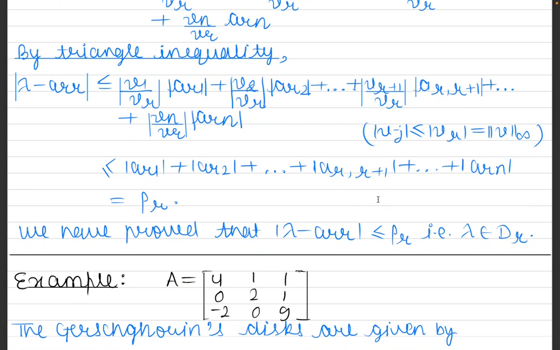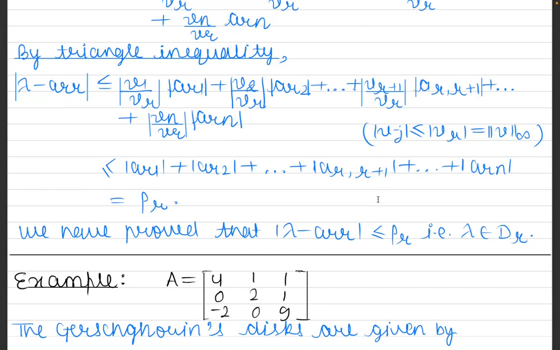So we have proved that mod of lambda minus ARR is less than equal to rho R. That is, lambda belongs to DR. Yes. So hence this was the proof of the Gershgorin circle theorem.